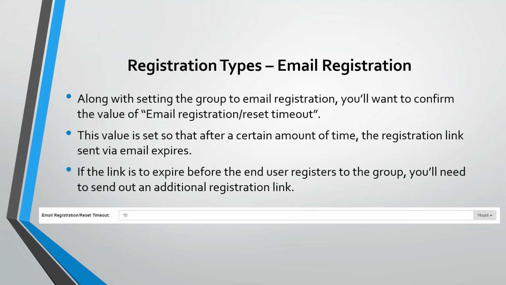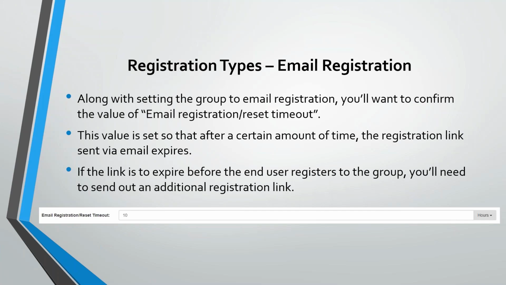From there, we have what's called the email registration / reset timeout. Now, basically, the link that you send out with the email to register in miSecureMessages can expire. You can set how long everyone has to respond to that link.